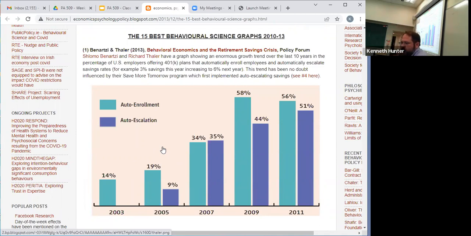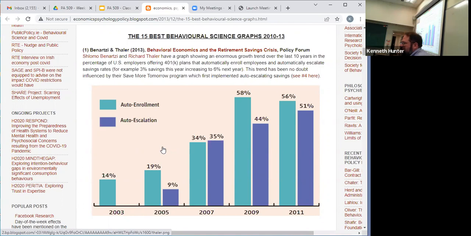Dr. Thaler, who wrote this in 2013, actually received the Nobel Prize in economics for his work in this area, understanding retirement savings. It talks about this concept known as auto enrollment with 401k plans.